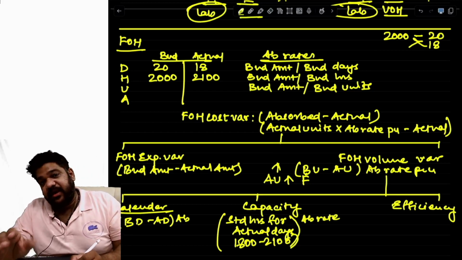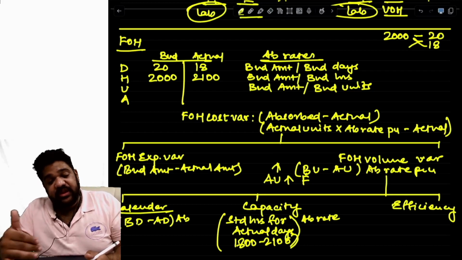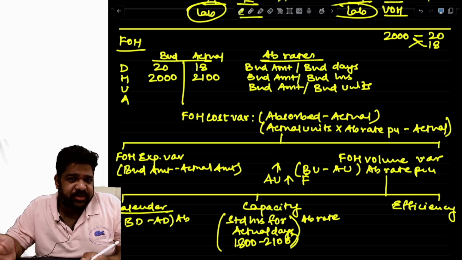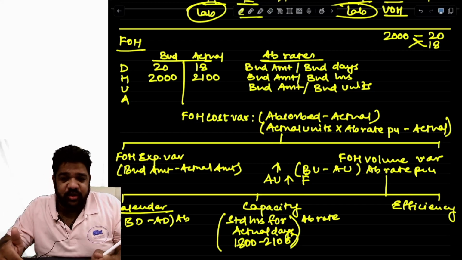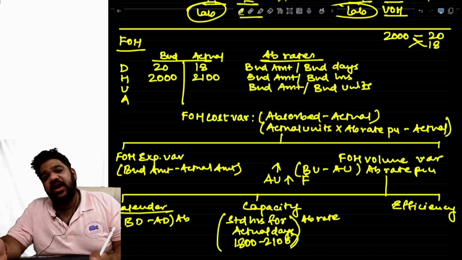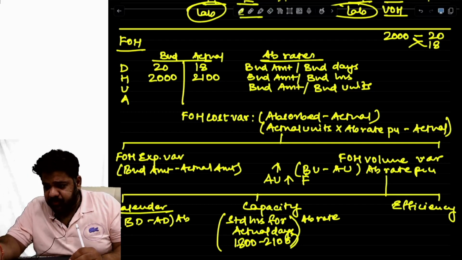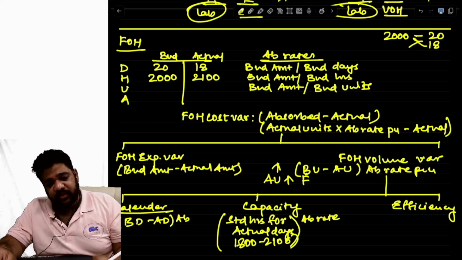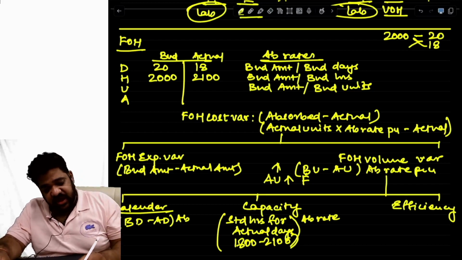It is dependent on what you have in the bracket. If in the bracket you have days, you multiply with the absorption rate per day. If you have hours, you multiply it with the hours. And if you have units, you multiply it with absorption rate per unit. Here we have the hours, so you will multiply with absorption rate per hour.